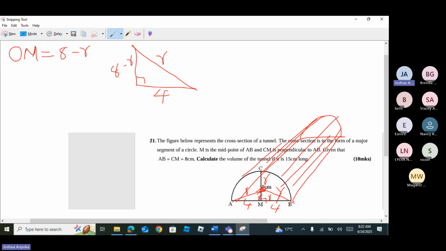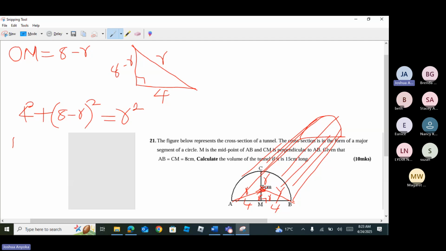This is a major segment, so there is a center for this circle, and from the center to C, to B, to A, it is the radius R. So using Pythagoras theorem, 4 squared plus (8 minus R) squared is equal to radius squared.